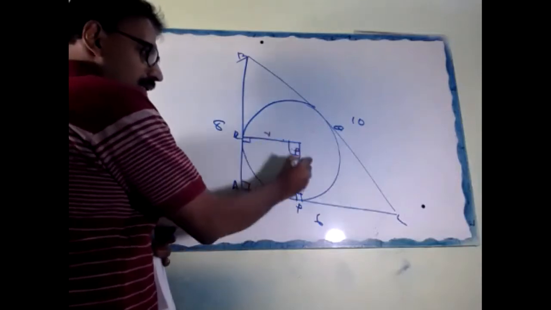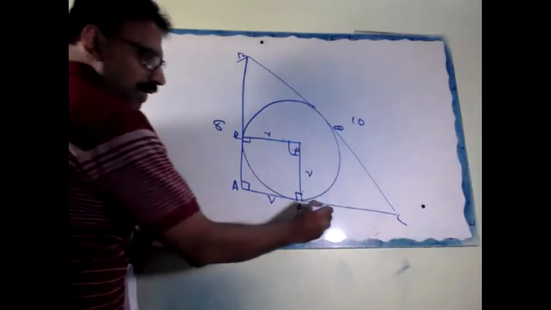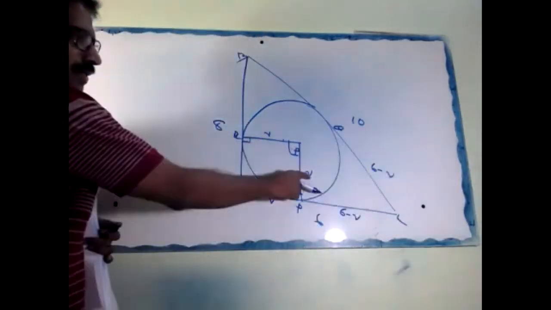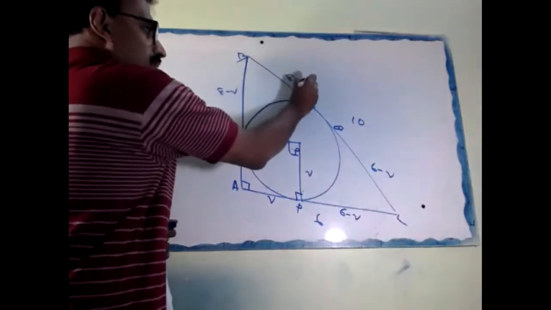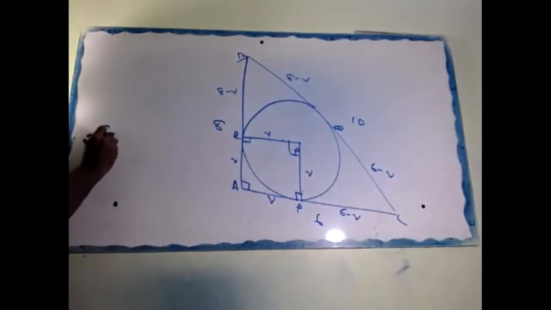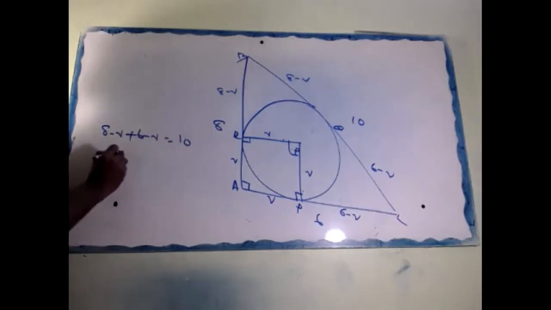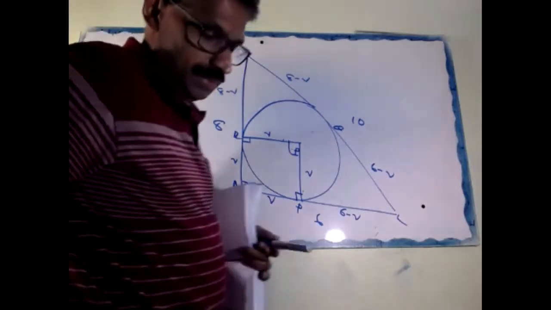This is radius R. This radius R. This also R. So this will be 6 minus R. This also 6 minus R. This is R. So this is 8 minus R, 8 minus R. Now what? 8 minus R plus 6 minus R equal to 10. So 2R equal to 4. R equal to 2.